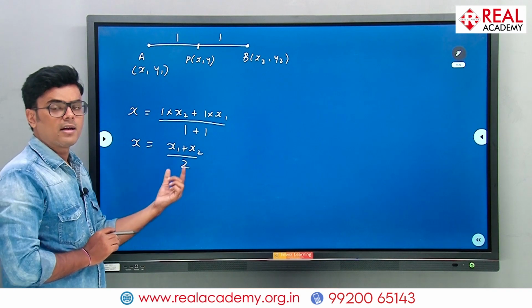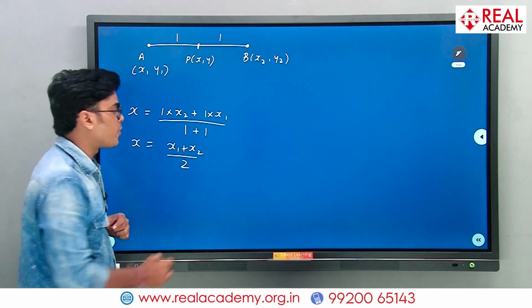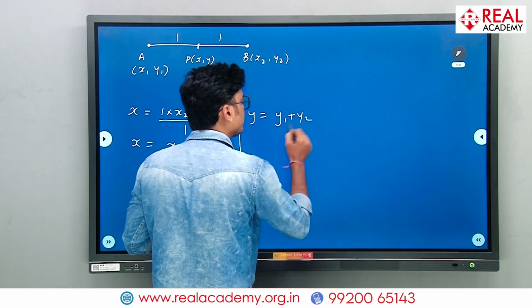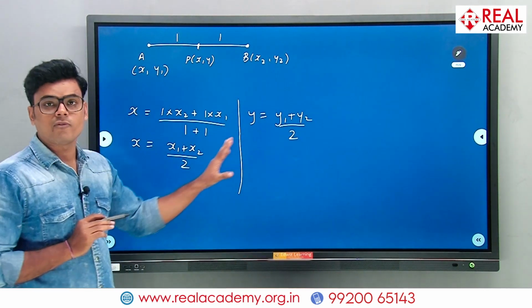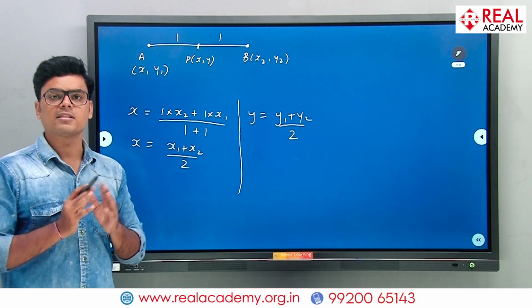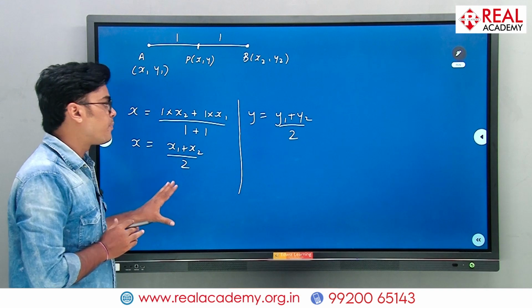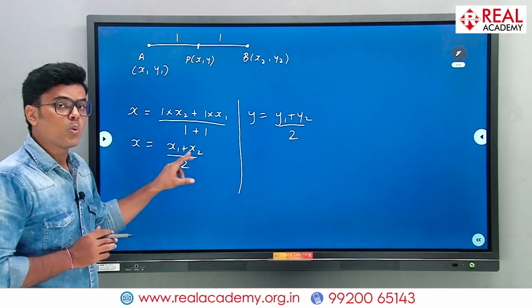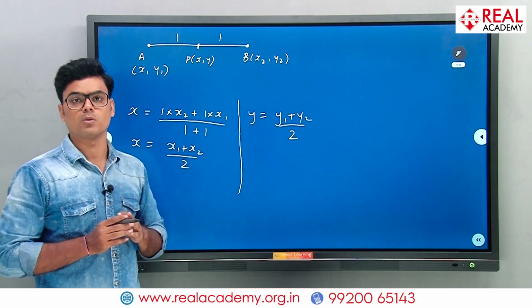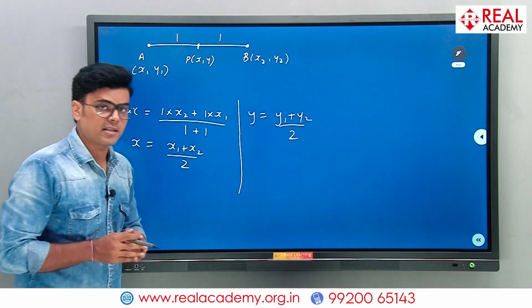The midpoint x coordinate is (x1 + x2) upon 2, and similarly the y coordinate will be (y1 + y2) upon 2. This particular formula is called the midpoint formula, which is derived from the section formula itself. The midpoint formula is x equals (x1 + x2)/2, y equals (y1 + y2)/2. There is one more application.